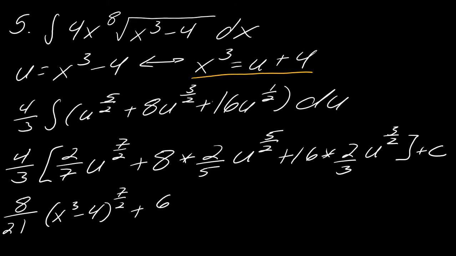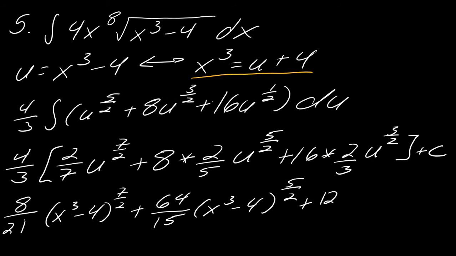So this is 64 over 15 x cubed minus 4 to the 5 halves. And then I've got 4 times 16 times 2, which is 128 over 9, and then this is x cubed minus 4 to the 3 halves, all of that plus c.